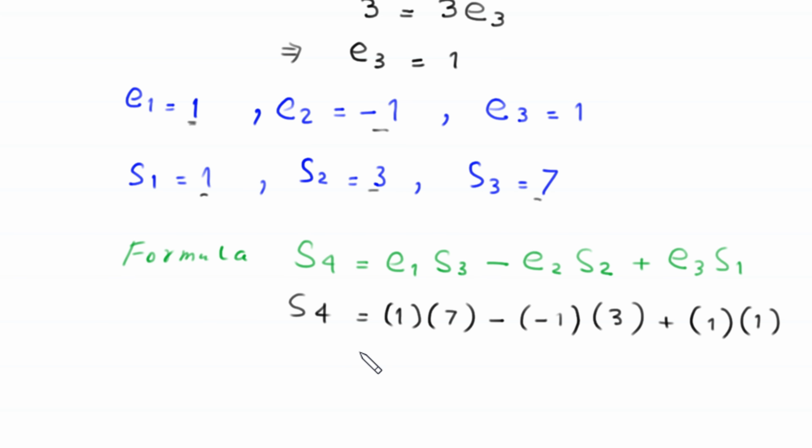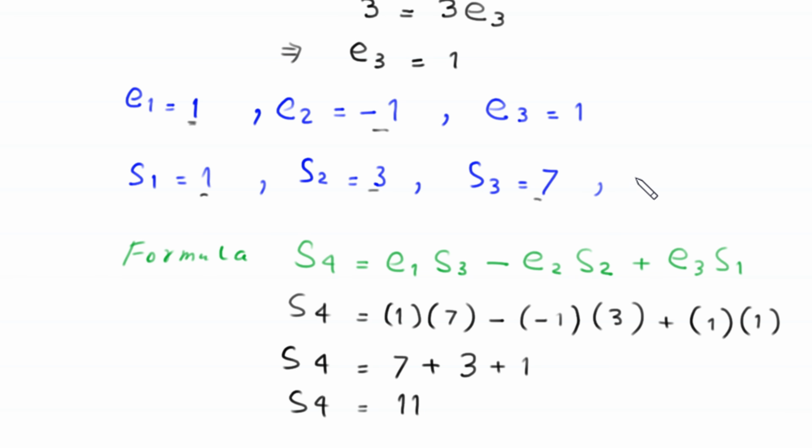Further simplifying, this becomes S4 is equal to 1 times 7 is 7, and negative 1 times negative 1 is positive 1 times 3, plus 3, and 1 times 1 is plus 1. So S4 is equal to 7 plus 3 plus 1, that is 11.